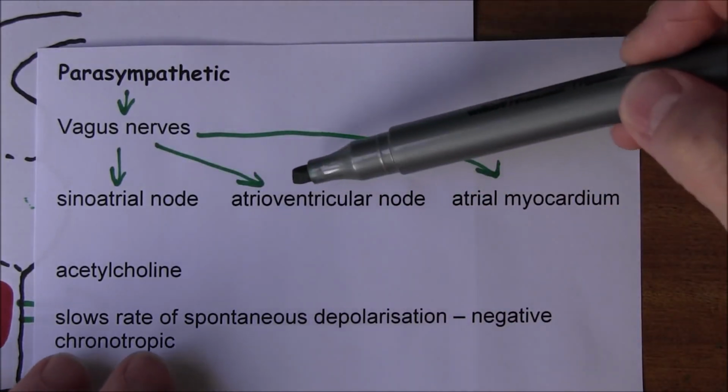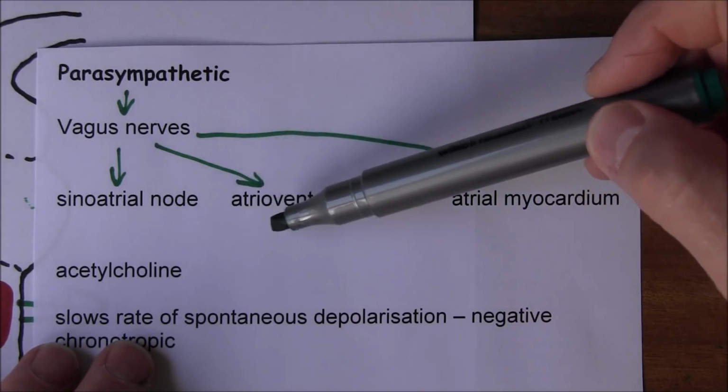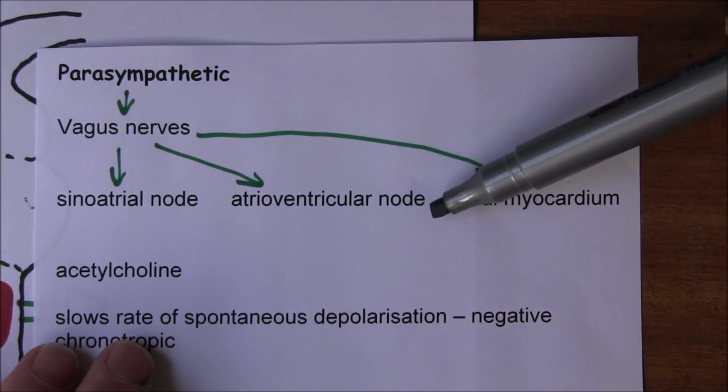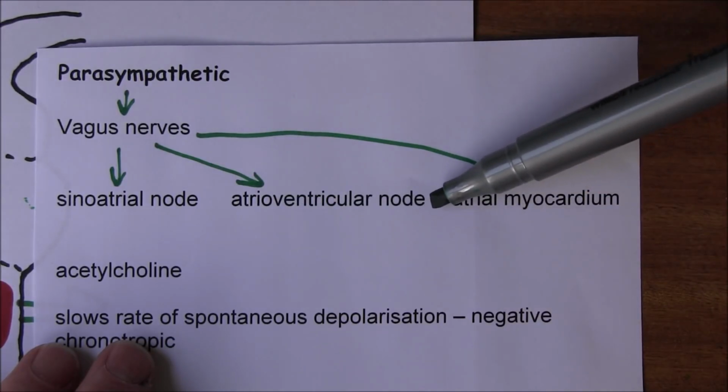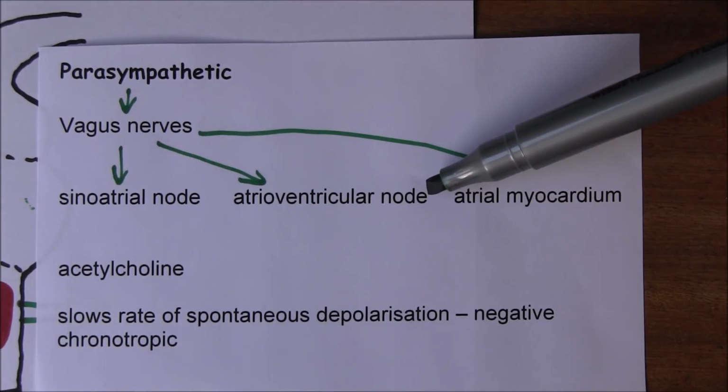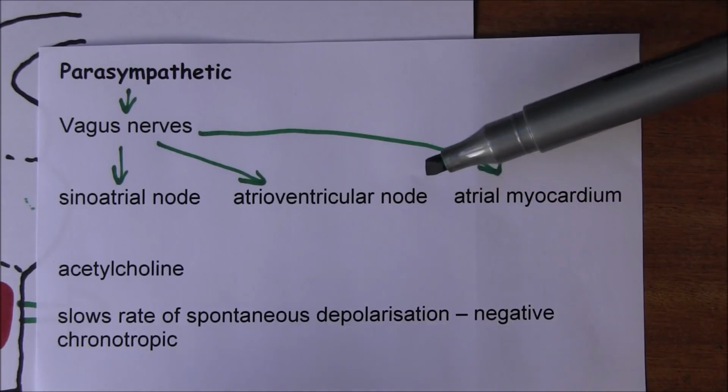And it's also going to slow the rate of transmission through the atrioventricular node. That's good because it leaves plenty of time for the blood to get from the atria to the ventricle prior to the onset of ventricular systole, the contraction of the ventricular myocardium.